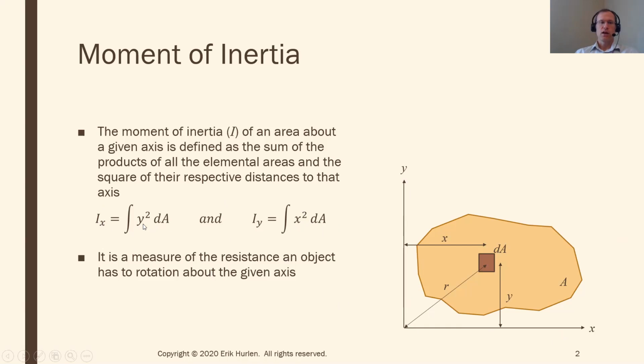So for Ix, I have y squared as the distance to that little element dA. For Iy, I have x squared as the distance to that element dA. So again, perpendicular distances integrated over the entire area gives you the moment of inertia over each of those two axes.